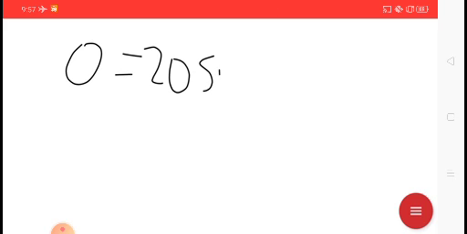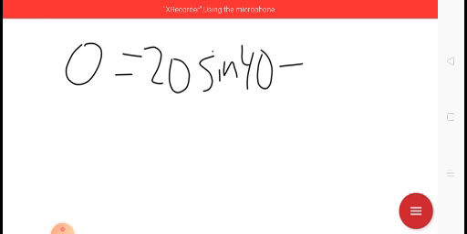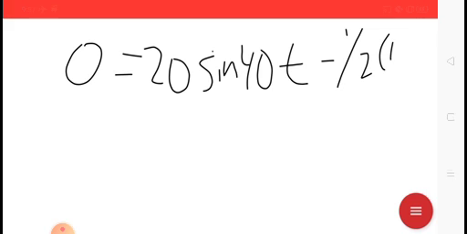So now we use the vertical distance y equal to 0, and we have 20 sine 40 t minus half a t square, right? The vertical component is 0.